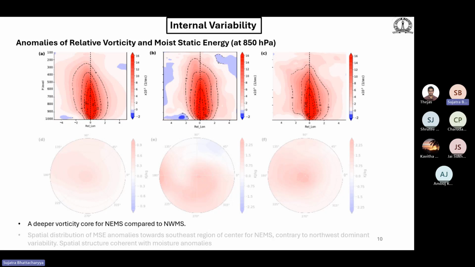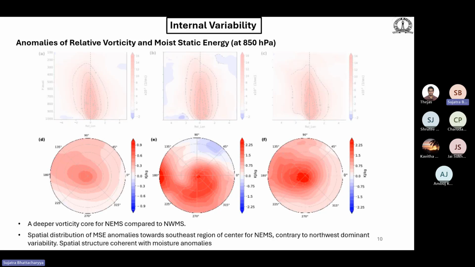And secondly, if we look into the moist static energy anomalies at 850 hectopascal, we also find significant variability in the spatial distribution of the MSE. This is the mean plot for the MDs that have occurred in June and September. And you can see that the spatial orientation is almost similar to the northwest moving cases, which is more oriented to the northwestward direction.